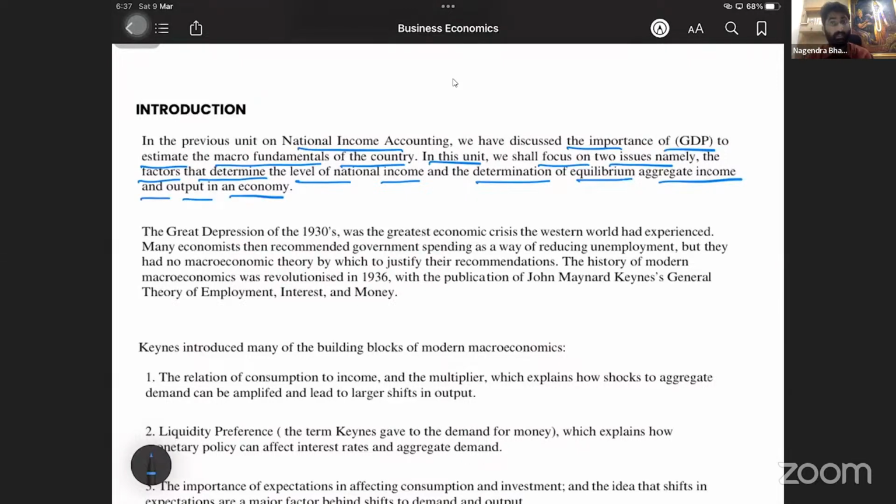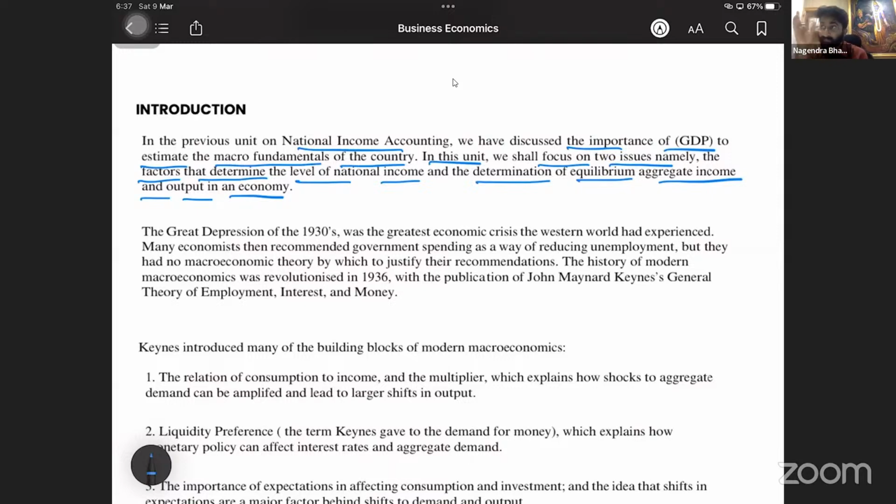In the last unit we discussed GDP and the fundamentals of national income. What are we going to discuss in this unit? We are going to focus on the factors that determine the level of national income.